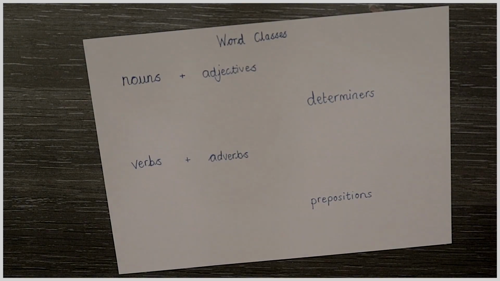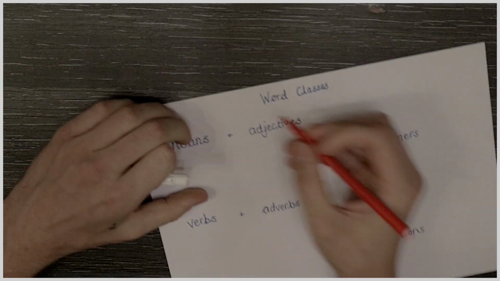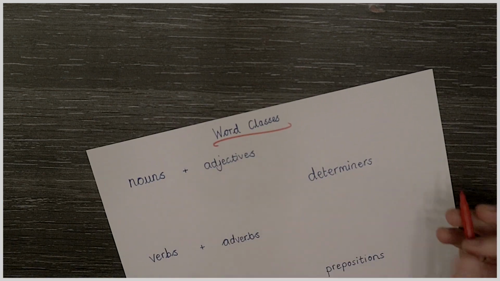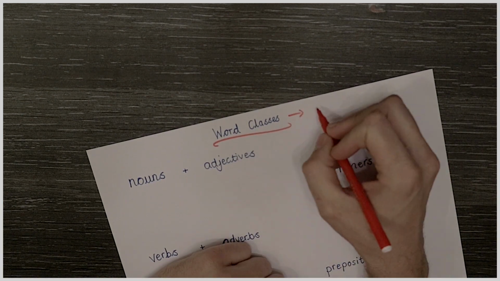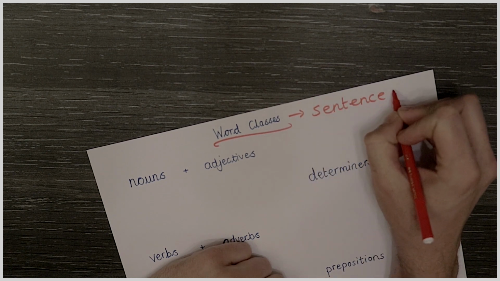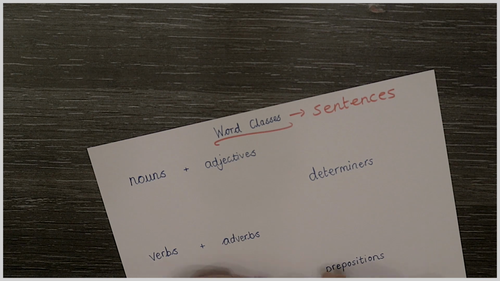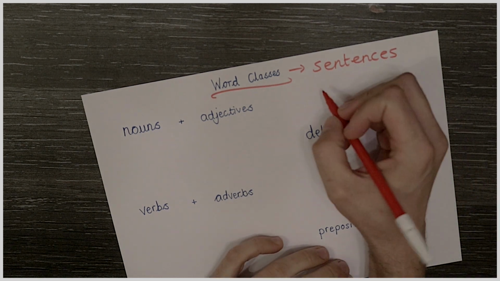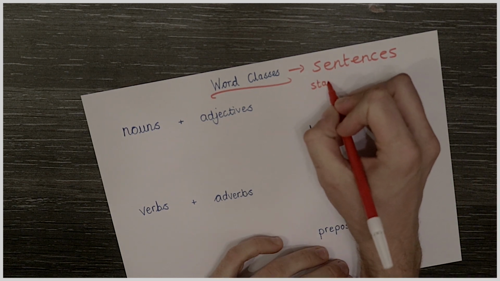We're going to look at some word classes today, and we use our knowledge of word classes to help us build sentences. Sentences have a number of rules that we need to follow. Most of them are really simple and quite easy, such as they need to start with a capital letter.